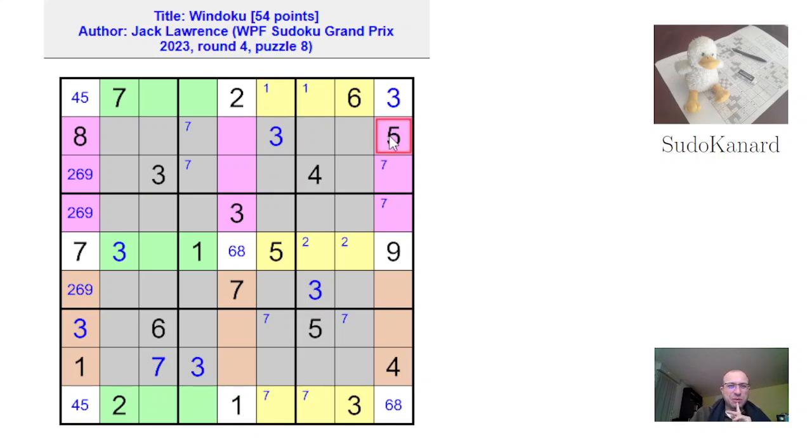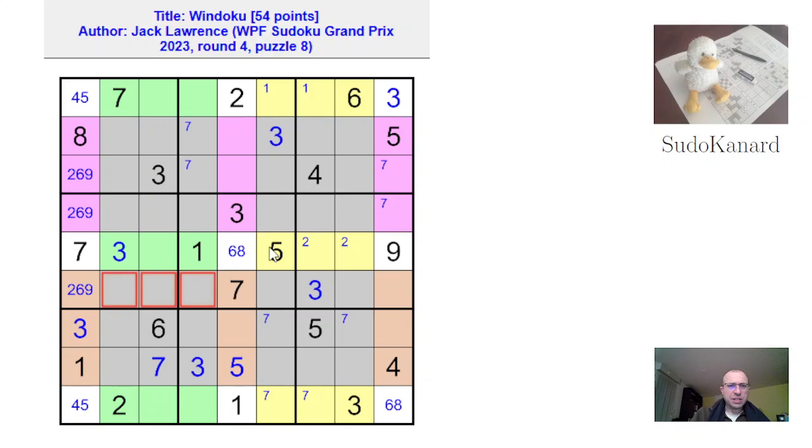Oh, this 5 is more interesting because 5 is not in here in the pink region. So 5 must be somewhere here inside the column. And with this 5, I can place this 5. That is more interesting. So with that and that, there is a 5 here or there. What about this extra region?